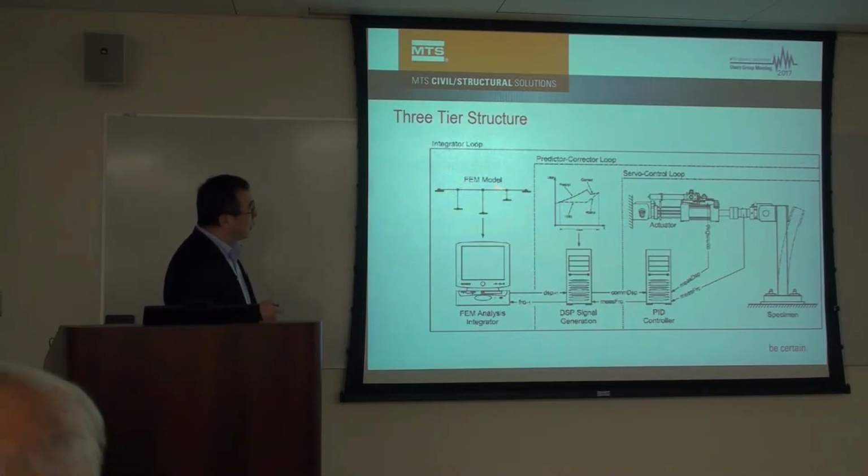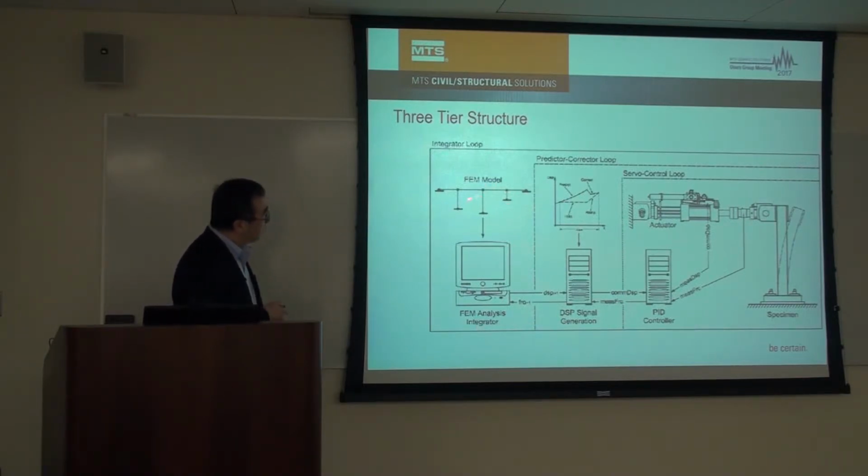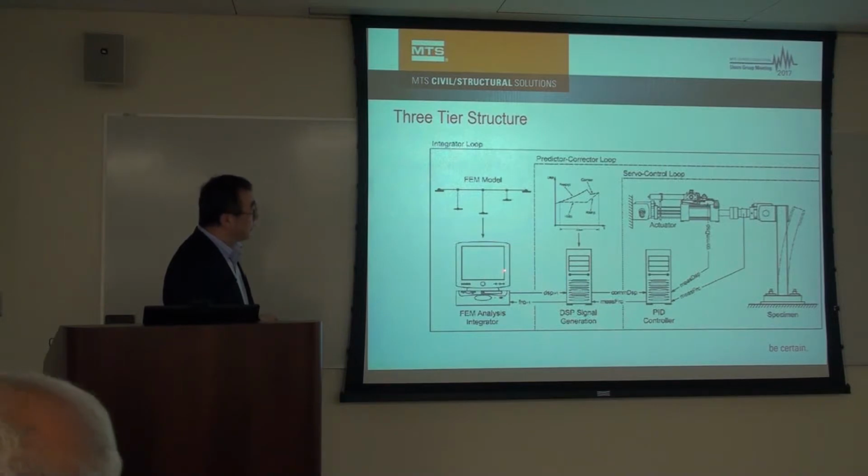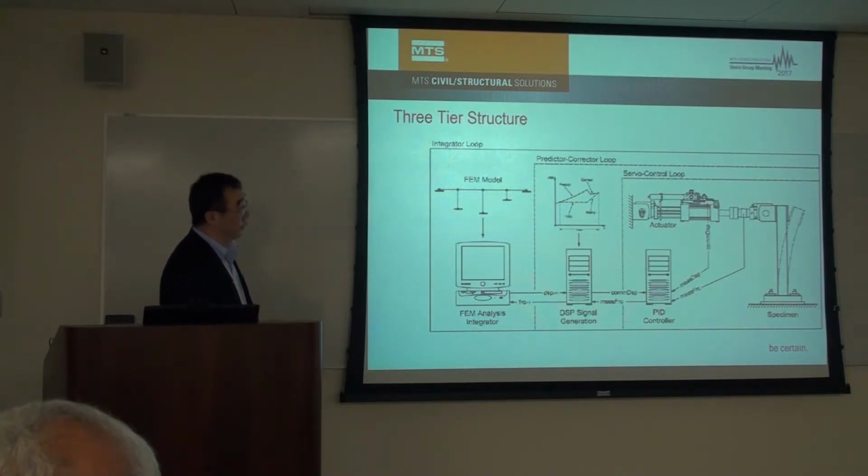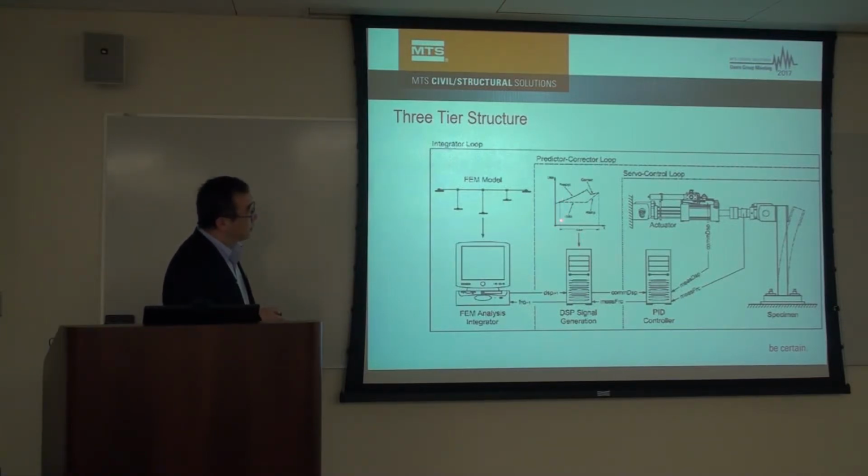To allow some complexity in this model, it has to run with a larger step size, maybe 10 milliseconds. Then the step sizes for the numerical substructure and the physical substructure are not the same. So this predictor-corrector does the regulation. It has a numerical step size from here to here.